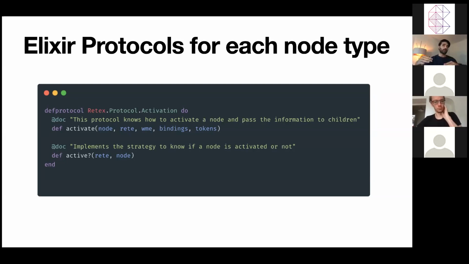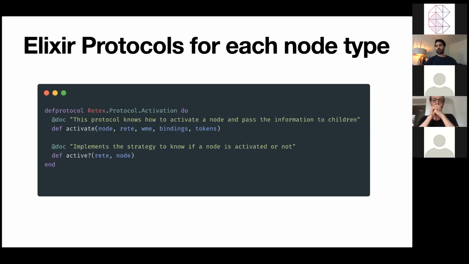If I'm just a type node, I will do some kind of pattern matching against my type, et cetera. So that was actually great. Another thing is that I could implement the active function for each node, where we can check even the negation of some nodes for more advanced rules.